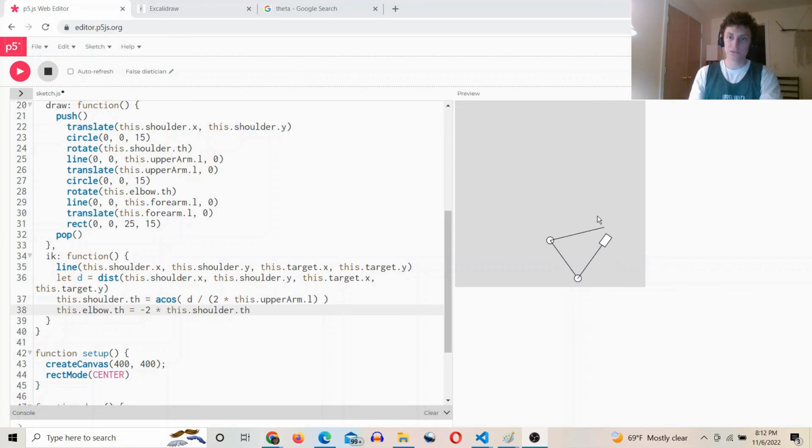Now we just need it to rotate an additional amount based on where the target is relative to the shoulder. So I forgot that. So we need another thing here.